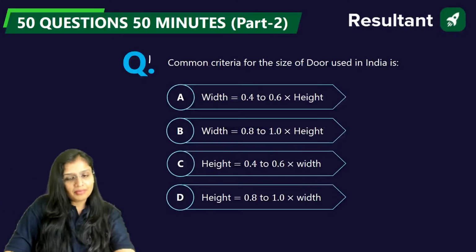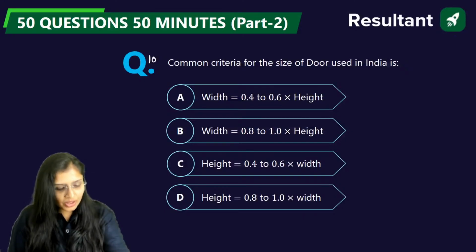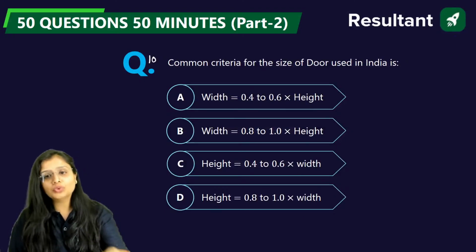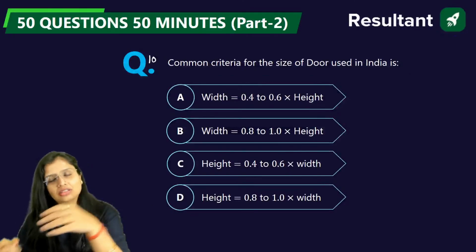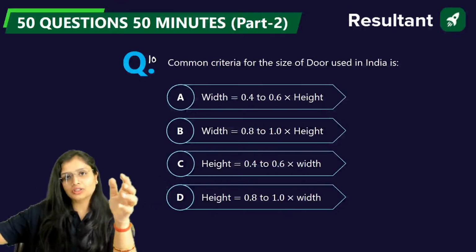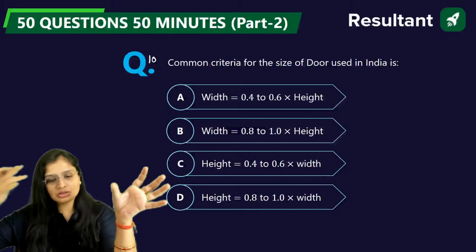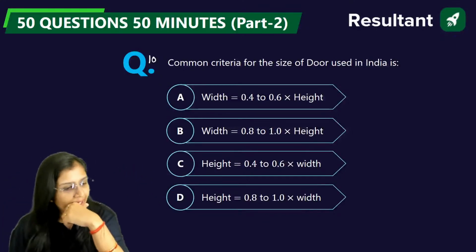Question number 10. Common criteria of the size of the door which is used in India. Generally, we try to keep as much as doors possible, and we should also make sure that the height is such that in case you want to transport anything, it passes through the door. So common criteria for the size of the door used in India is how much?